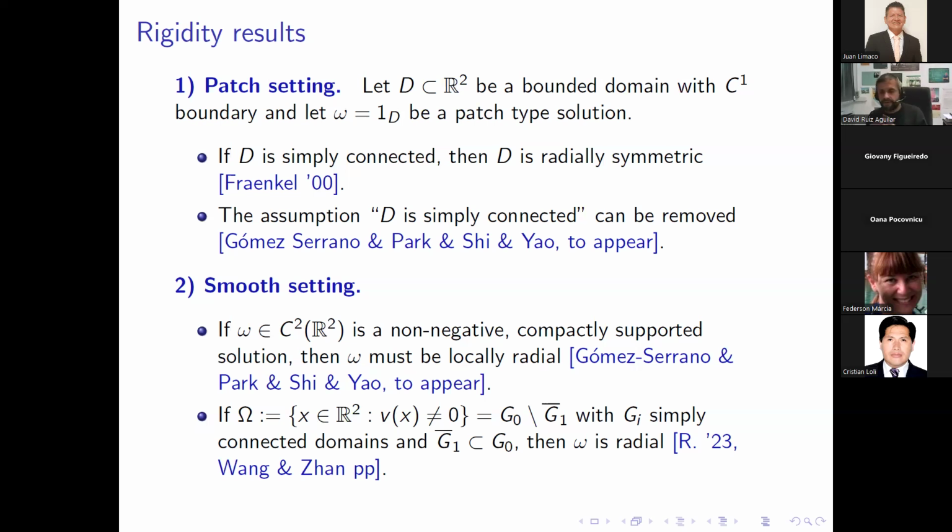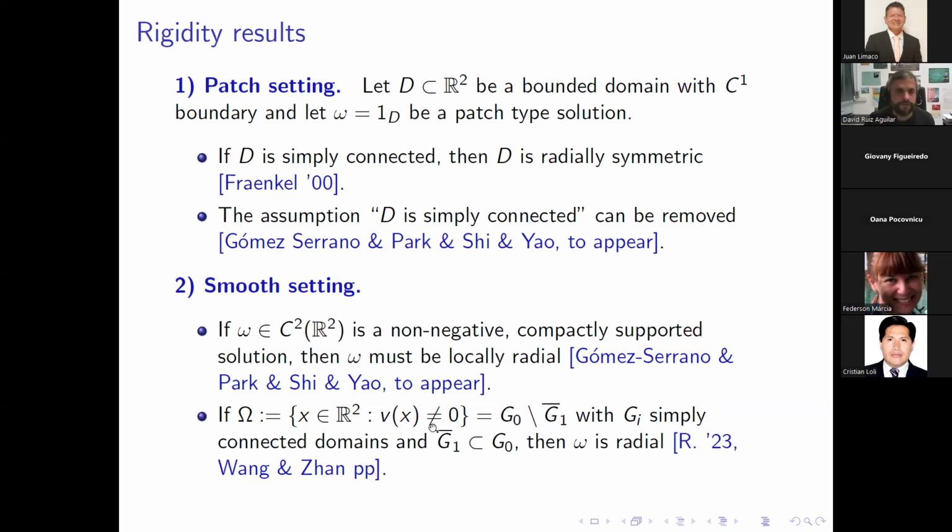Regarding the velocity field having compact support, there is a result telling you that if the domain in which V is different from 0 is an annular domain, something like an annulus, then it must be a round annulus and the streamlines are circular. This is a result of myself in 2023.